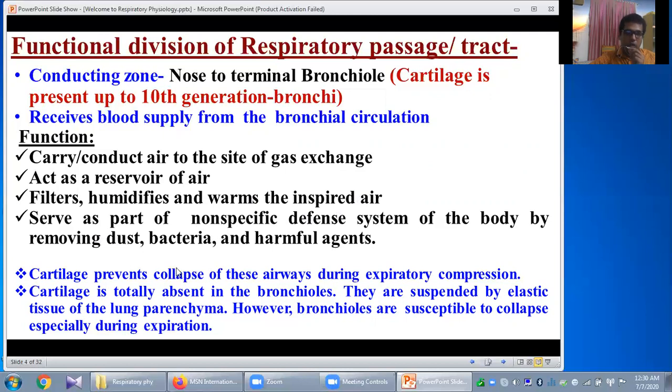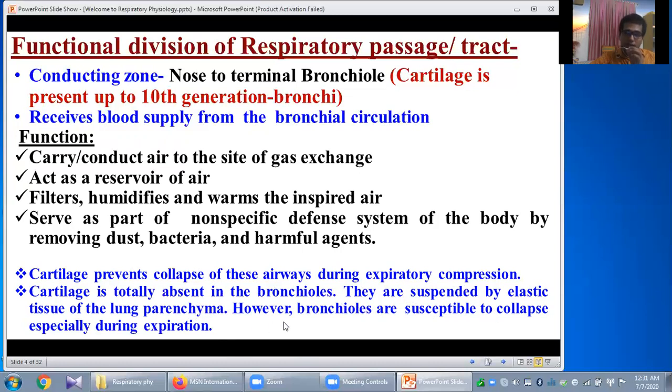You know, this part contains the cartilage. This is important because this cartilage prevents collapse of the airway during expiratory compressions. Cartilage is totally absent in the bronchioles. They are actually suspended by the elastic tissue of the lung parenchyma. However, bronchioles are susceptible to collapse, especially during expiration.